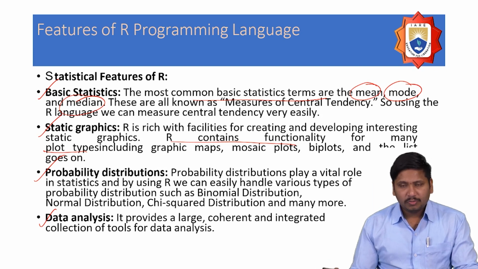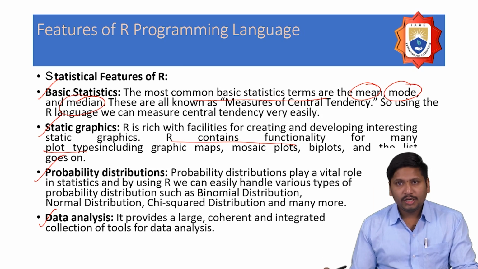Many of the probability distributions are a little bit complex while doing calculations, so by making use of R, we can handle these types of distributions very easily, such as binomial, normal distribution, chi-square distribution, and all.